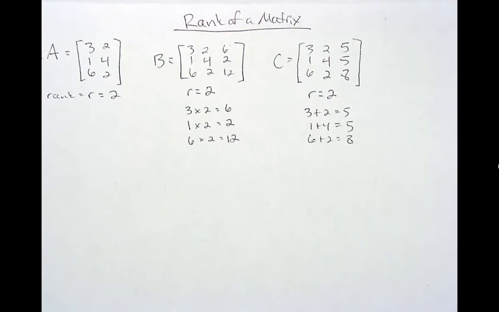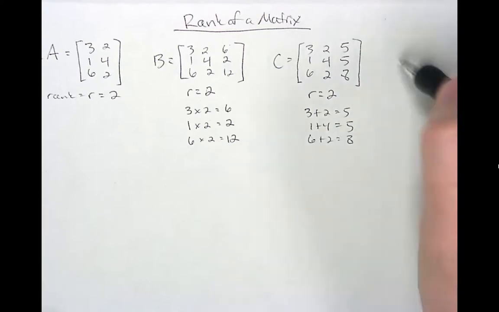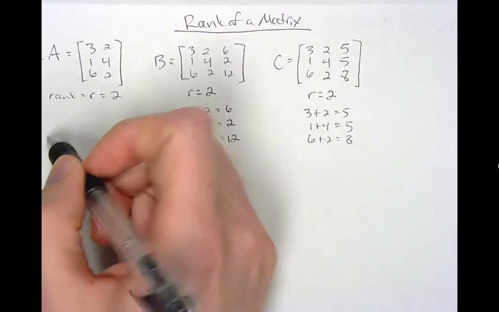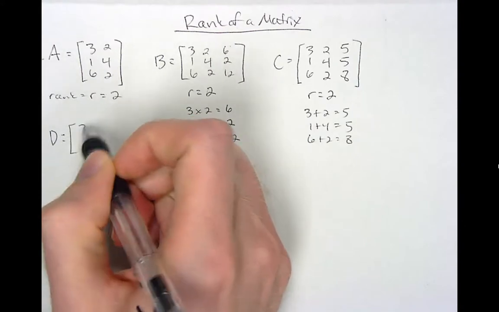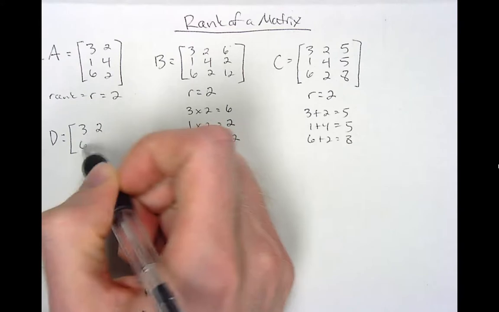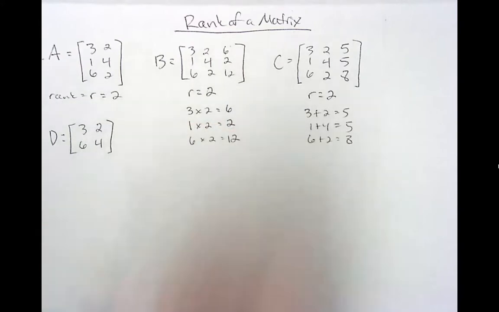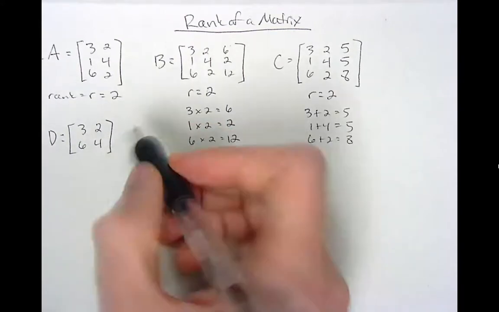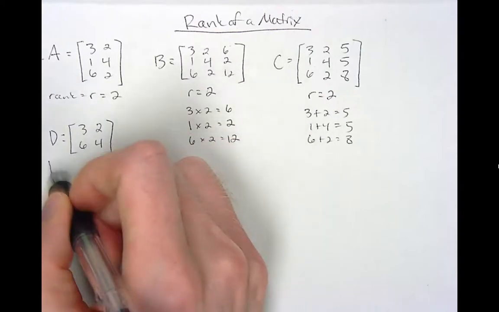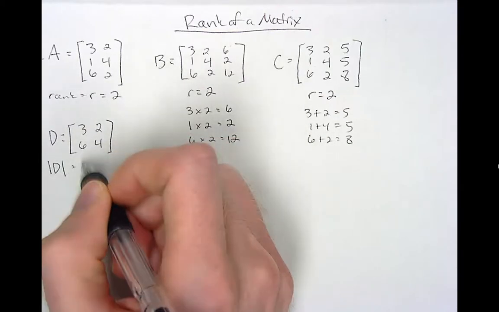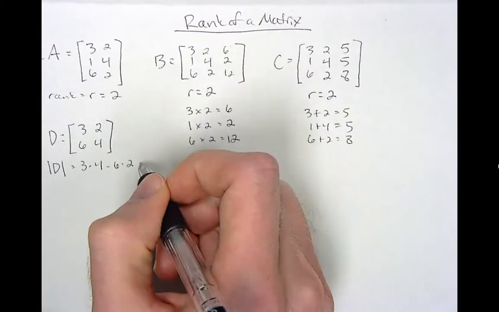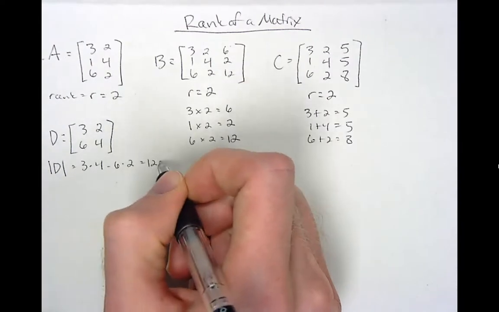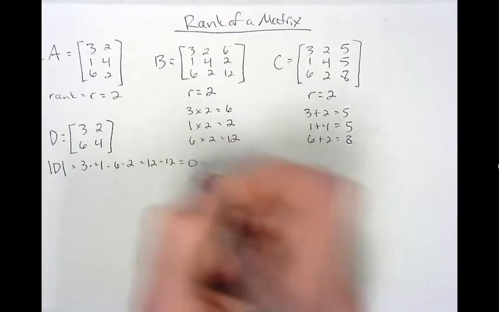So let's do D. Okay, in D we'll have 3, 2, 6, and 4. It's a 2 by 2 square matrix, and we can find the determinant of D to be 3 times 4 minus 6 times 2, which is 12 minus 12, which is 0.